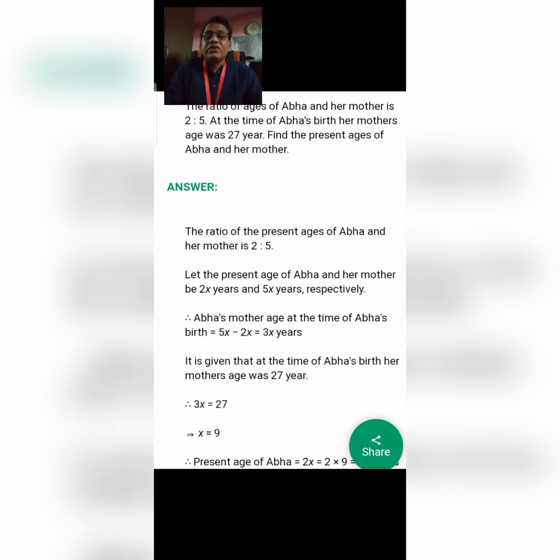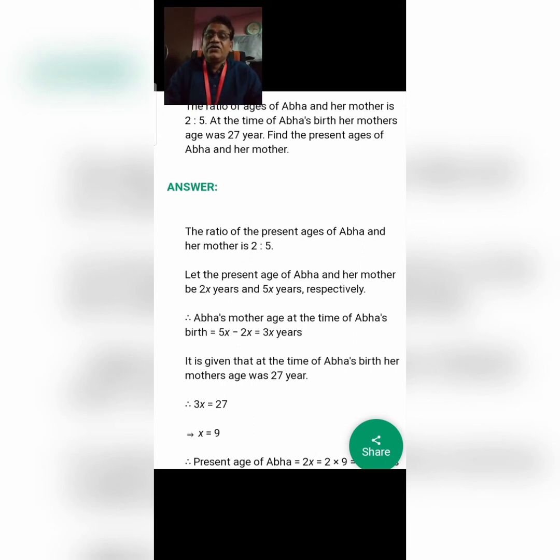So the ratio of the present ages is 2:5. Let the present ages of Abha and her mother be 2x years and 5x years respectively. Then the mother's age at the time of Abha's birth is 5x minus 2x, means 3x years.